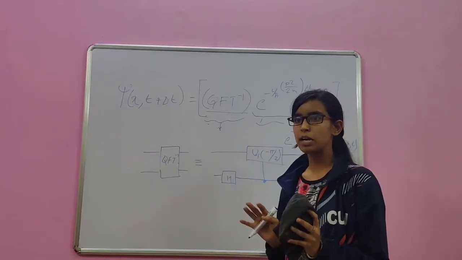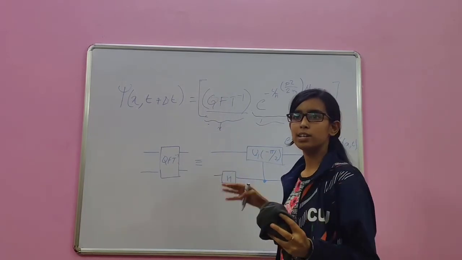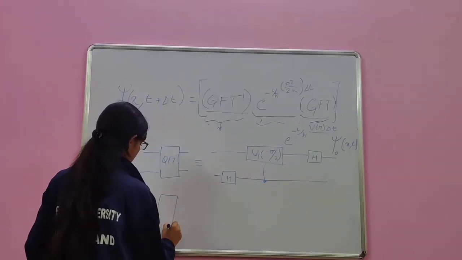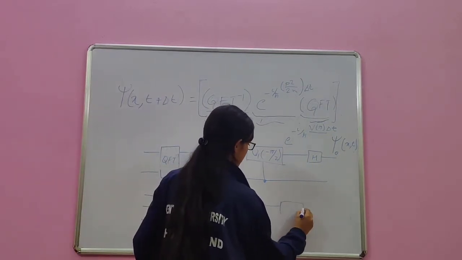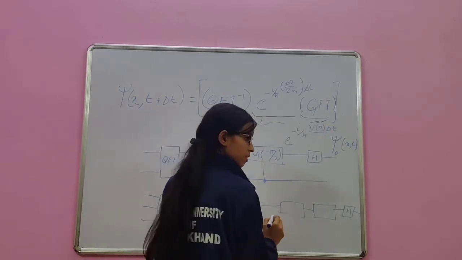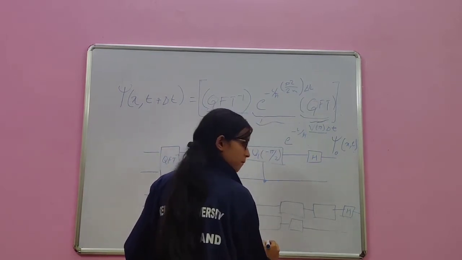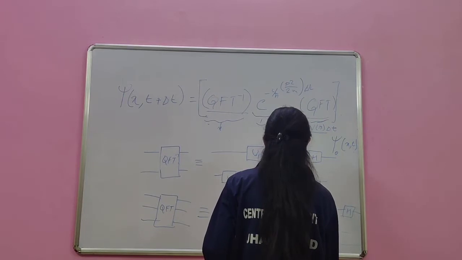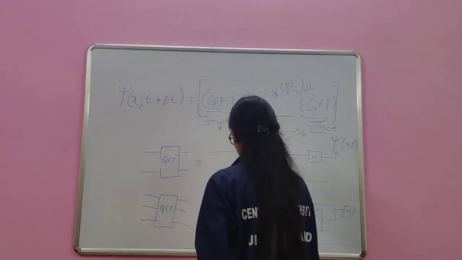In general, the inverse quantum Fourier transform will grow with every qubit: two Hadamards will increase and one phase gate will increase. Just like for 3 qubits, if I show you.